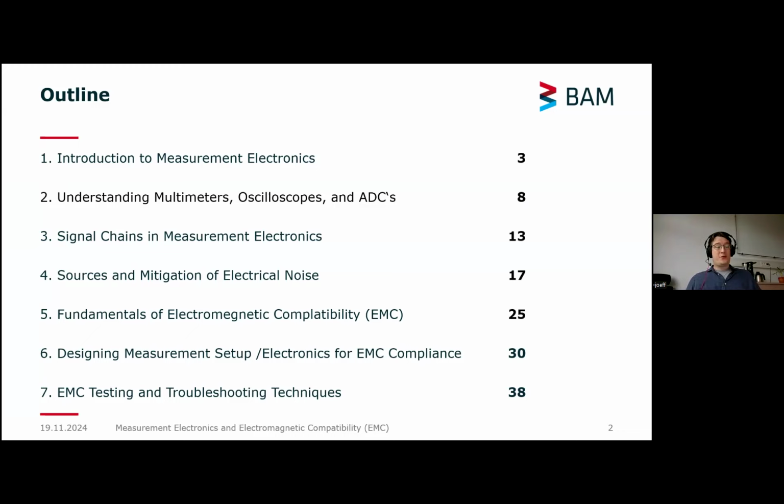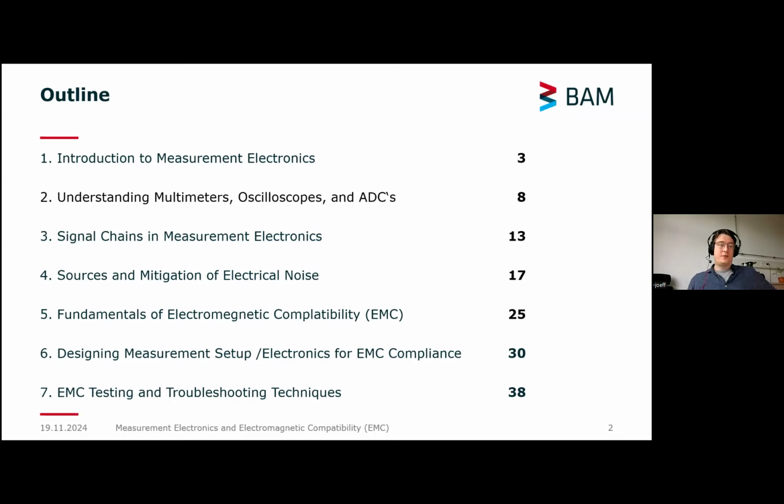So first of all, I try to include the ultrasonic time-based measurements later. And my outline would be the introduction to measurement electronics, the understanding of multimeters, oscilloscopes, and analog digital converters, overall signal chains and measurements, and also the sources and mitigations of electrical noises if they appear, and also some fundamentals of electromagnetic compatibility.